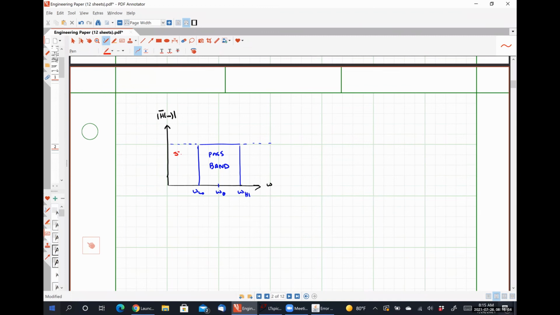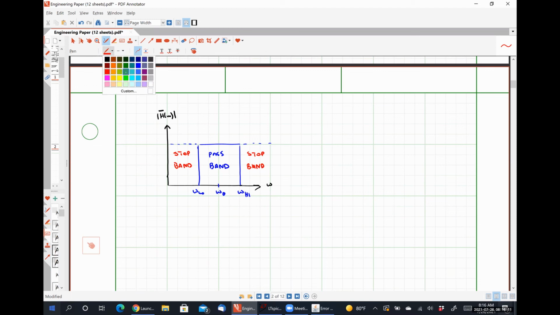To the left, everything below omega low is considered stop band, and everything above omega high is considered stop band. This is the ideal case.